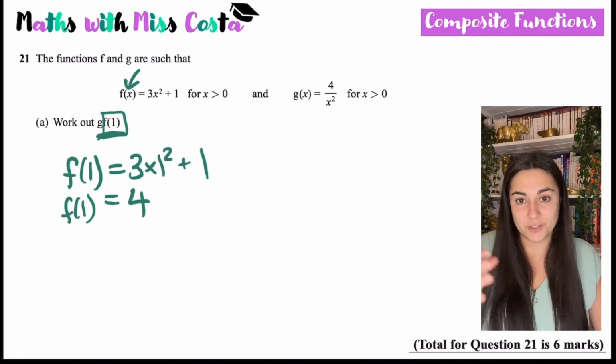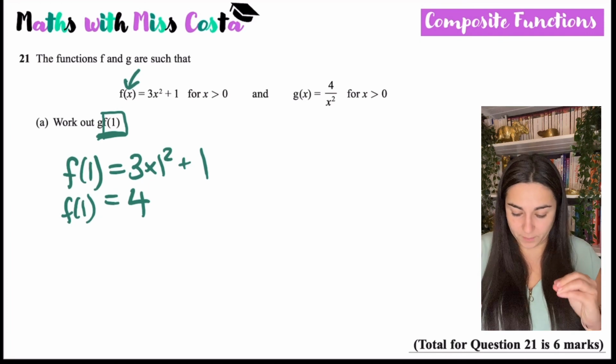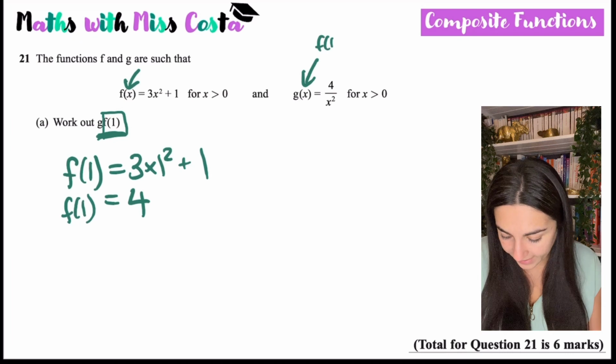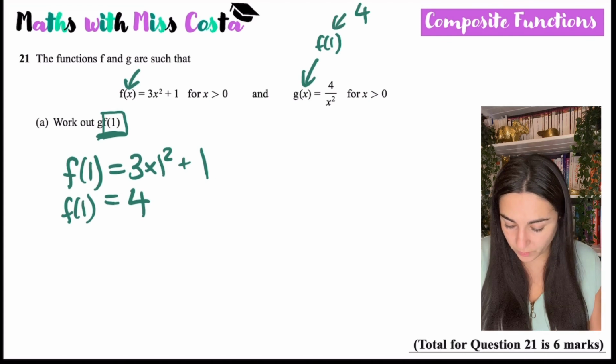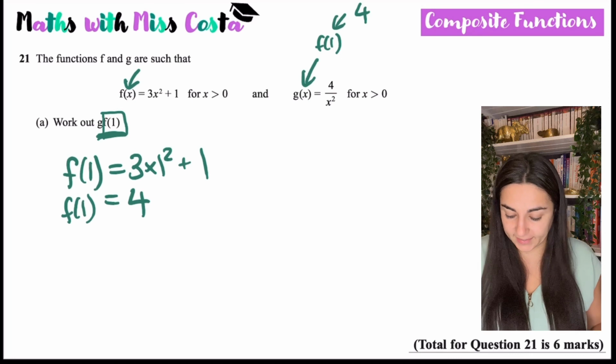So you want to work out g f of 1. So you want to put f of 1 into here. So we've worked out that f of 1 is 4. So we want to put 4 into this. So figure out what the answer would be when x is 4. So let's try a different colour over here.